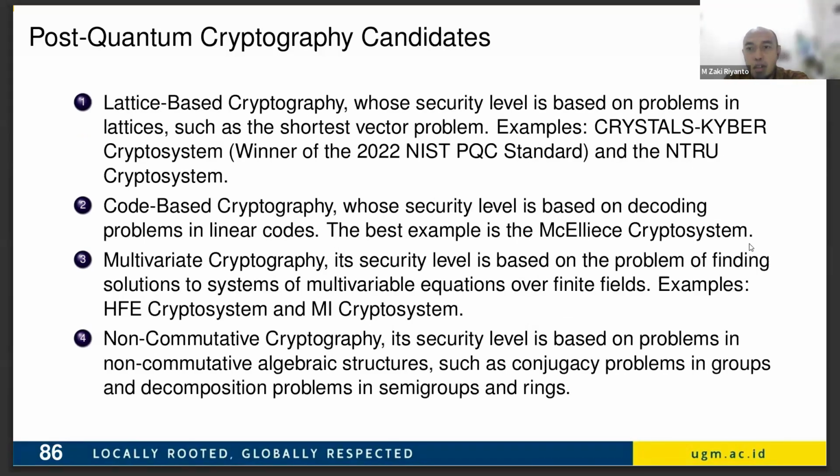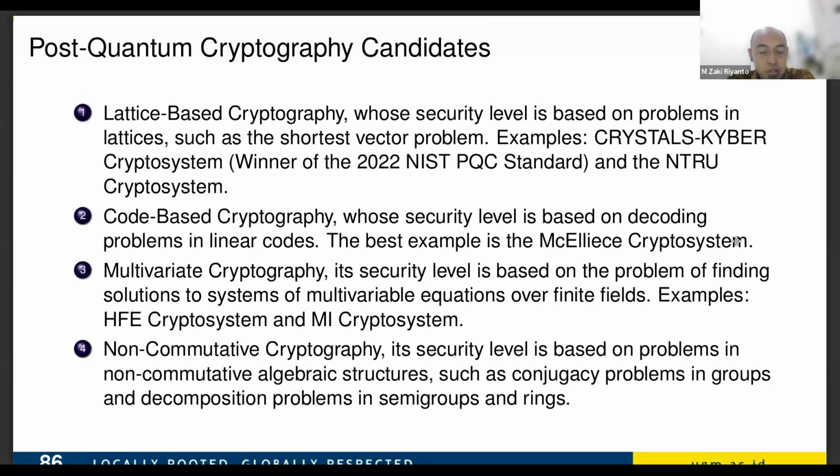For post-quantum cryptography candidates, there are many hard problems that can be used. The first and most famous one is lattice-based cryptography, which is based on hard problems in lattices, such as the shortest vector problem.